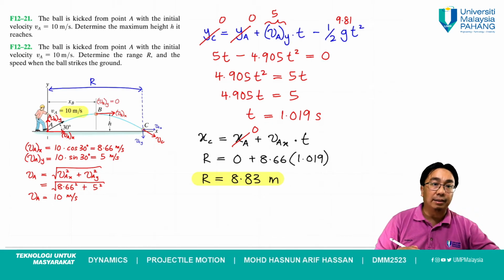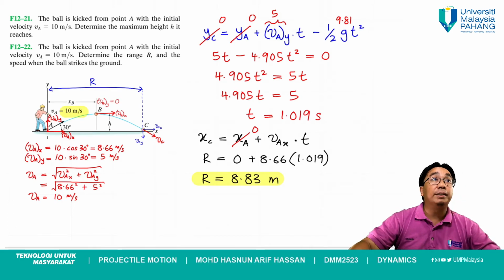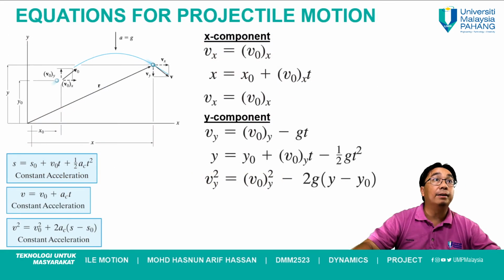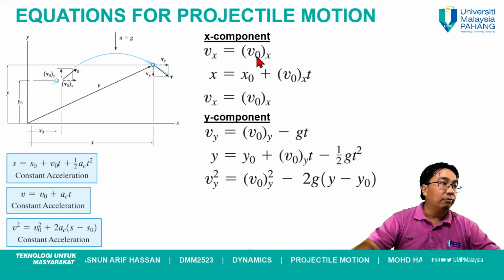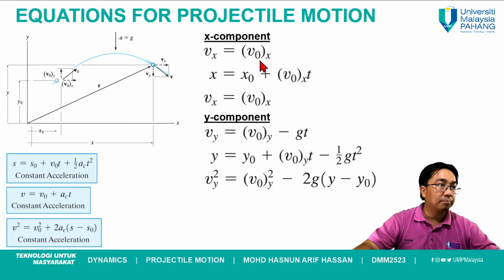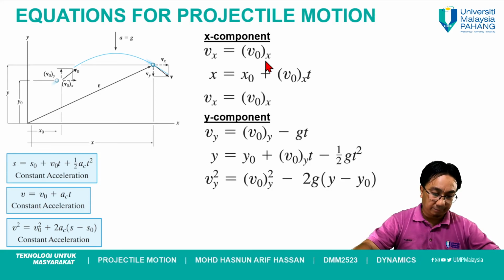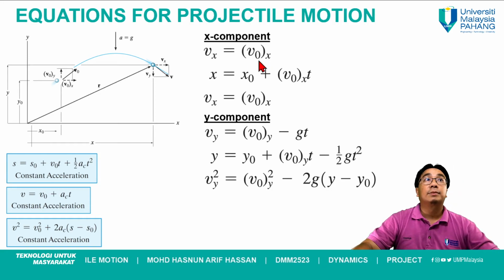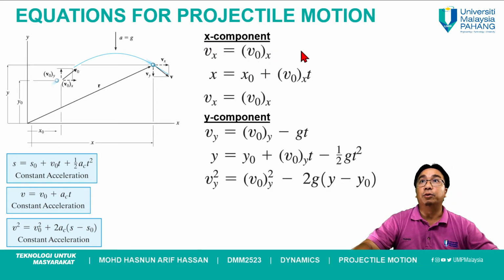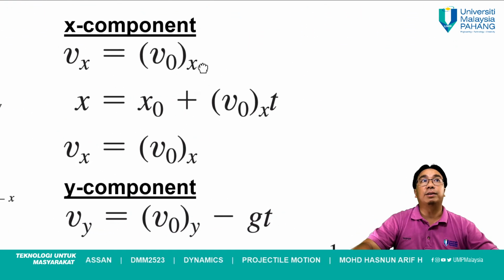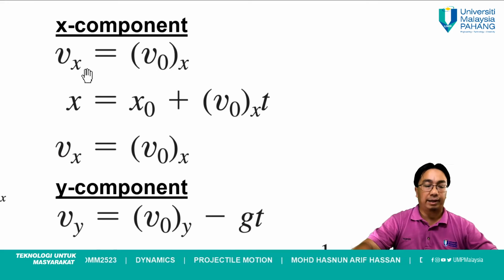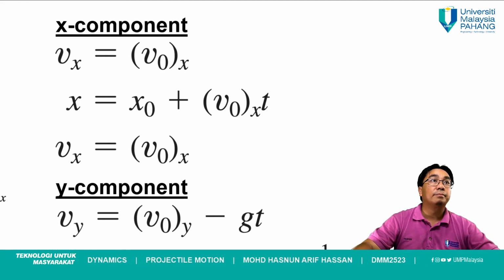Okay, so VCX kita tahu dia dah based on kita punya ini, VCX ialah sama dengan V0X. So berapa value VCX kita? Kalau based on formula yang ni, berapa you rasa value of VCX? 8.66.